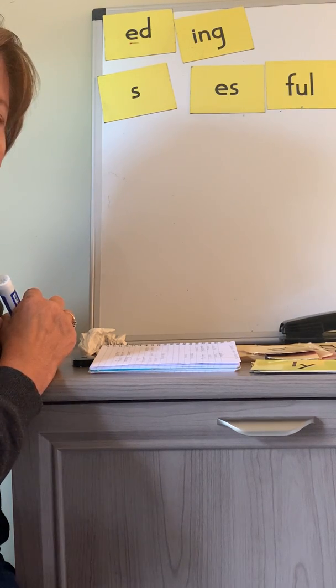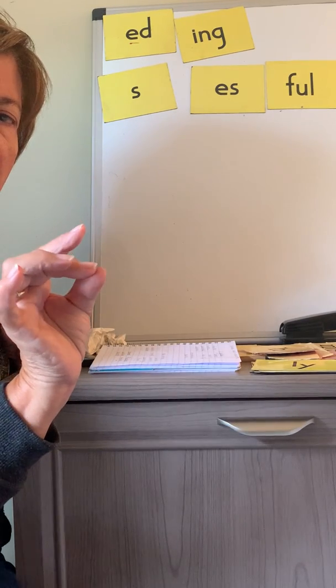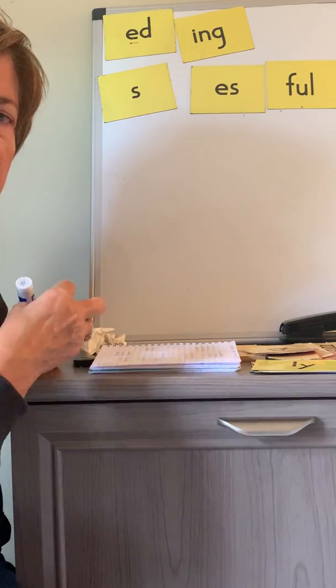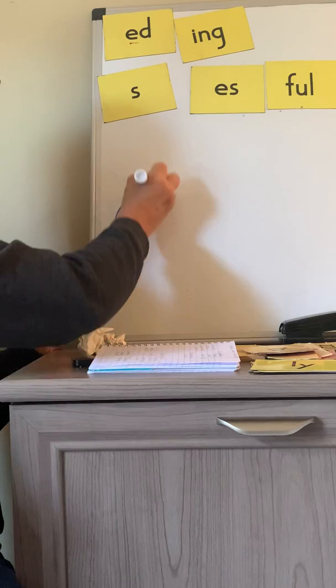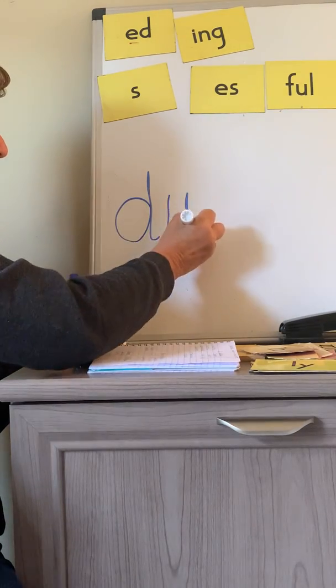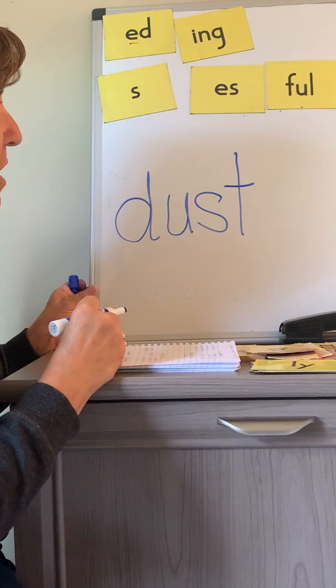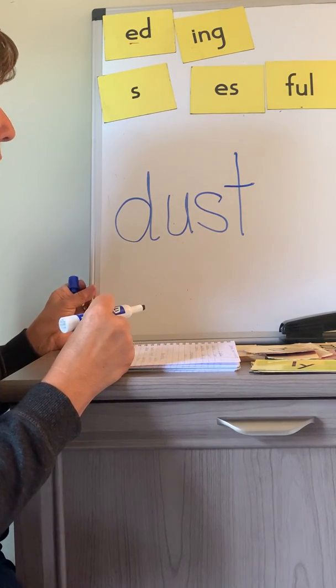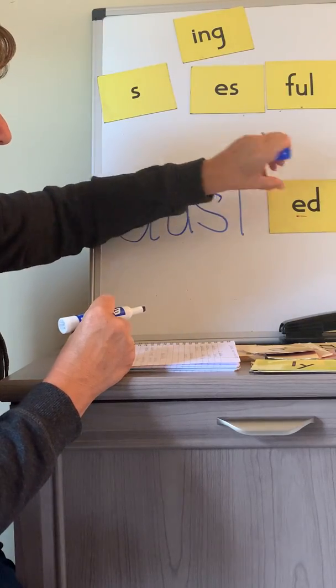Yes, it does. So what is the base word? The base word is dust. D-U-S-T. So I'm only going to build the base word. D-U-S-T. To make it dusted, I'm going to add my ed suffix.